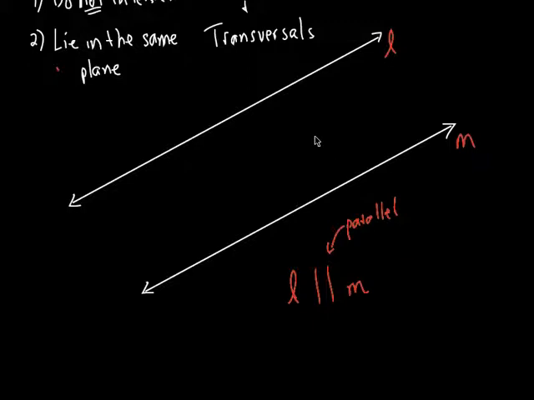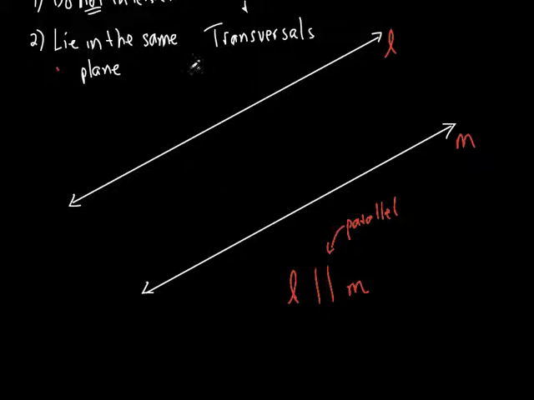I can't just look at them and guess that they're parallel, because this could be slightly off. Watch, I could even do this. Do you see how I moved it just a little bit? I tilted it just a little bit, but to your eye, it still looks like they're parallel, doesn't it? But it might be off slightly, so you don't know just by looking at it that they're parallel.